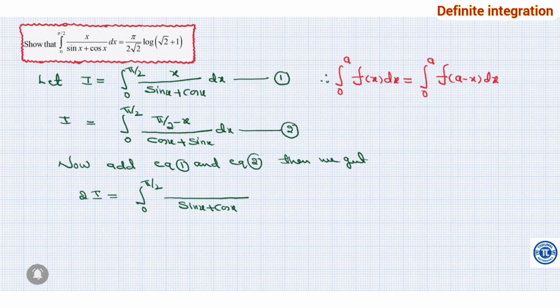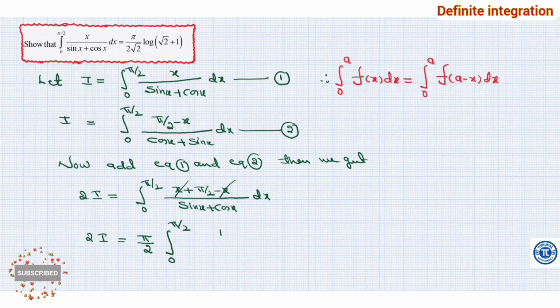In the numerator, in the first equation x, in the second equation pi by 2 minus x, dx. Here minus x plus x cancel, then 2I equals, here pi by 2 is constant, integration 0 to pi by 2 of 1 by (sin x plus cos x) dx.